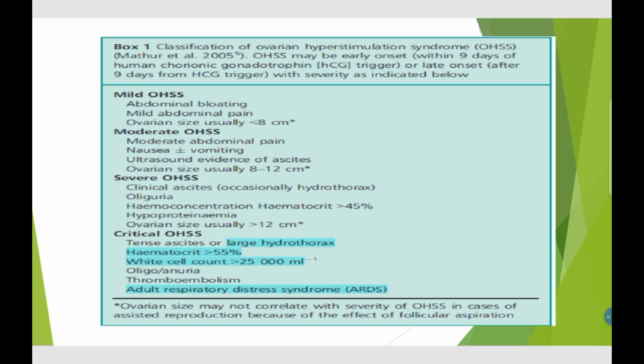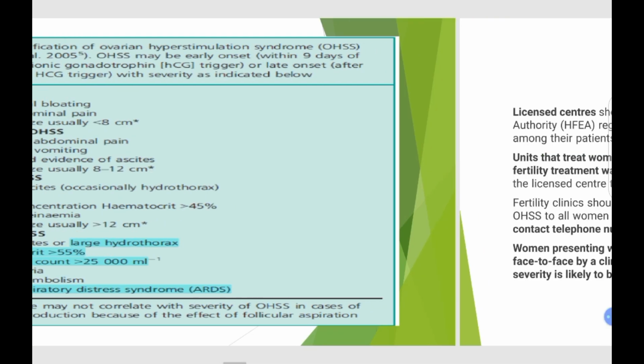So even in MCQ, if you do not have 7 days, then you can select the answer as early OHSS less than 9 days and late OHSS more than 9 days, while rest of the categorization of the mild, moderate, severe and critical OHSS are same in GTG as well as TOG.